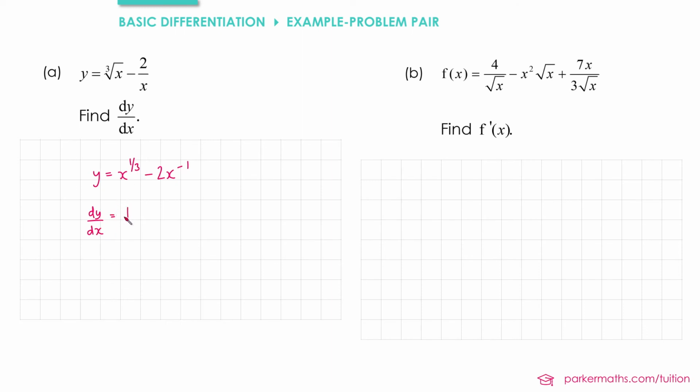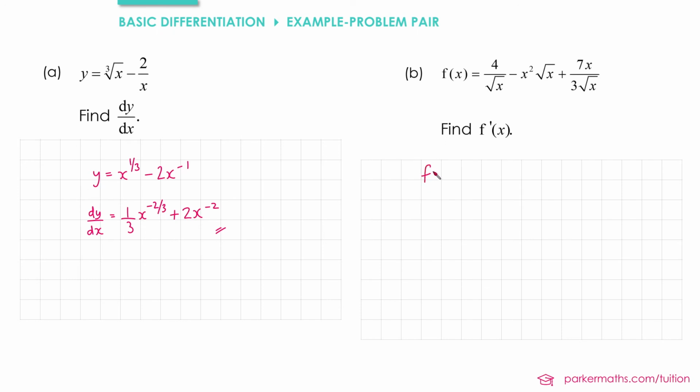Multiplying by the power gives us 1/3 out the front, and then subtracting 1 from the power gives us x to the negative 2/3. For the second term, multiplying by the power -1 gives us +2, and then subtracting 1 from the power gives us x to the -2.